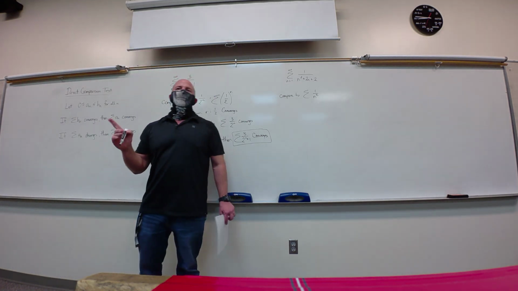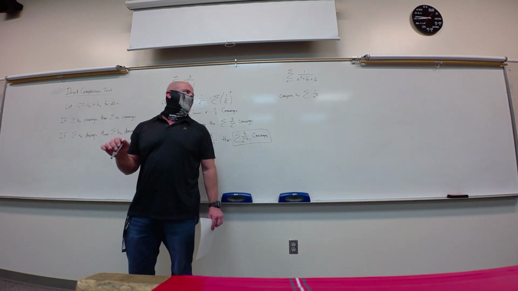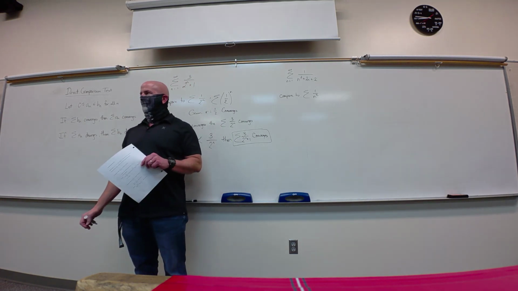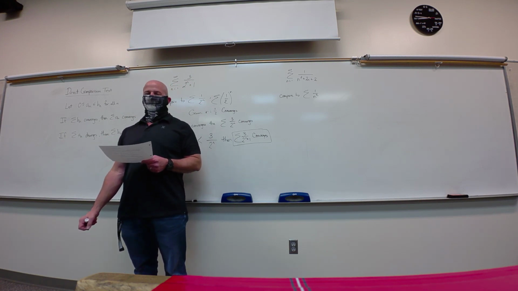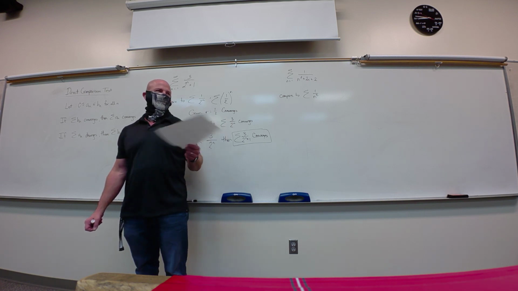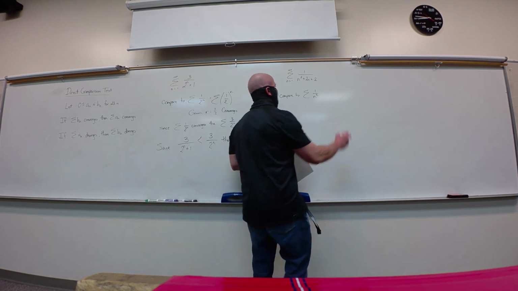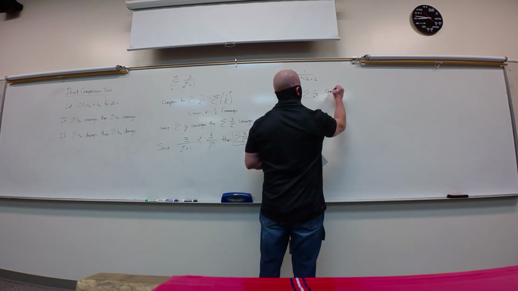All right, would 1 over n squared converge or diverge? And if you're thinking of which one it does, you also have to remember why. Because P is more than 1. Converge.